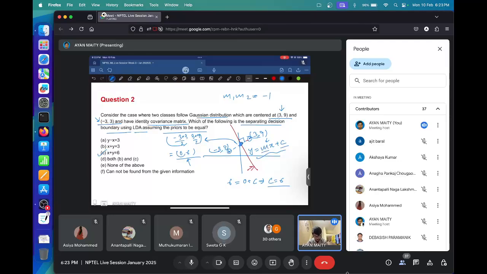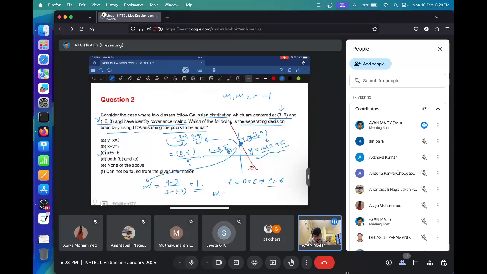The slope of the line segment joining the two centroids, m dash, is 9 minus 3 divided by 3 minus minus 3, which is 1.